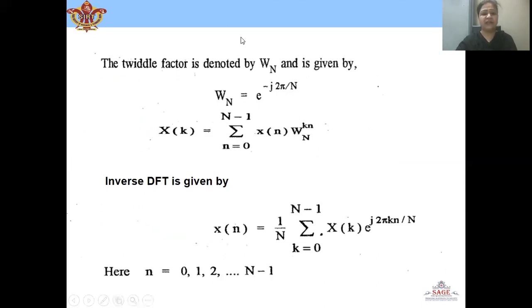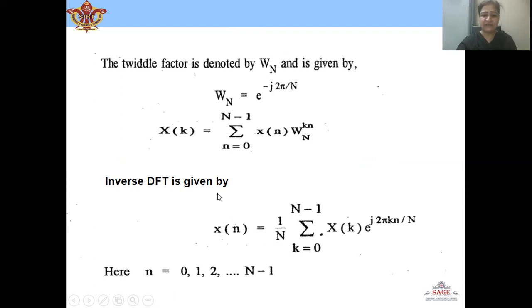Now we define the twiddle factor W_N, given as e to the power minus j 2 pi by N. Substituting the twiddle factor, the formula for DFT is summation x[n] W_N to the power kn, where n is from 0 to N minus 1.